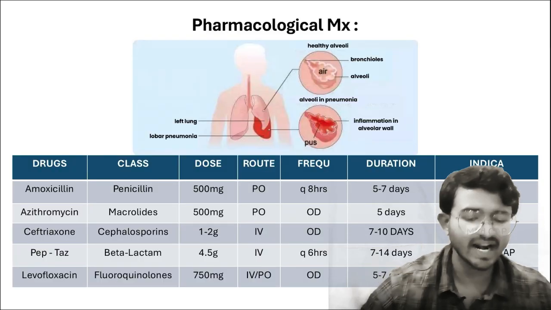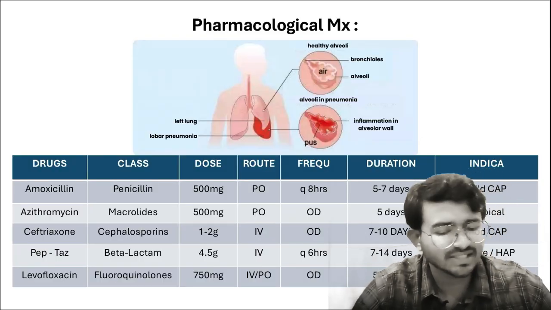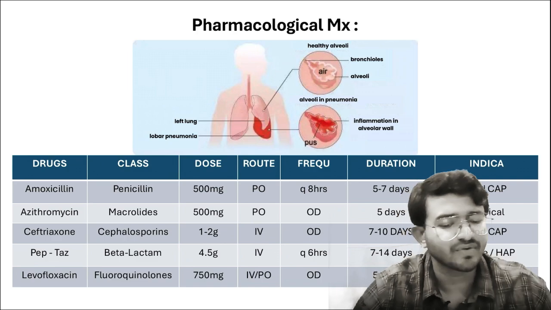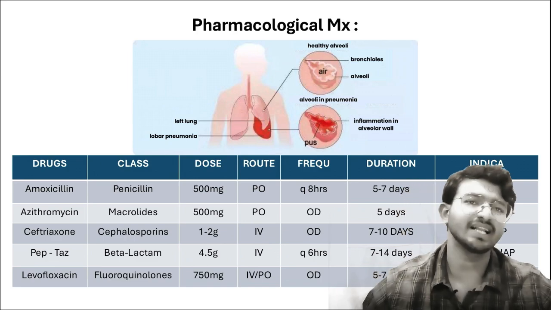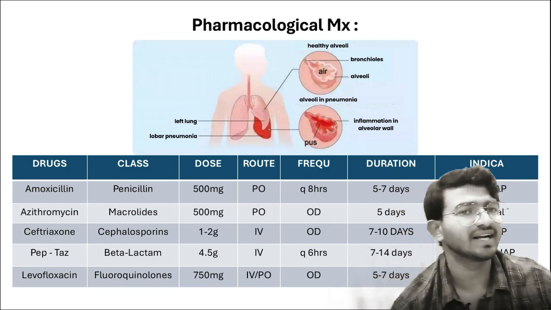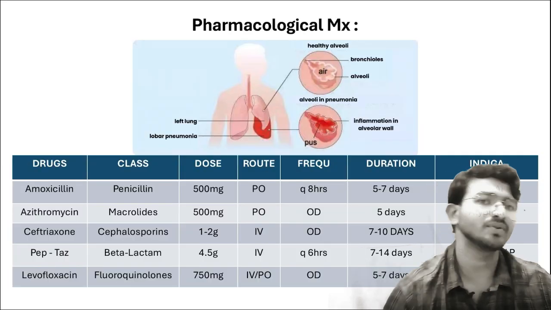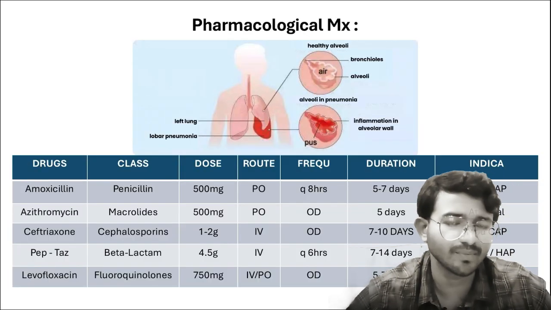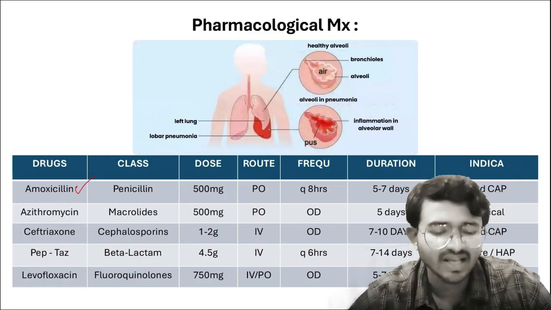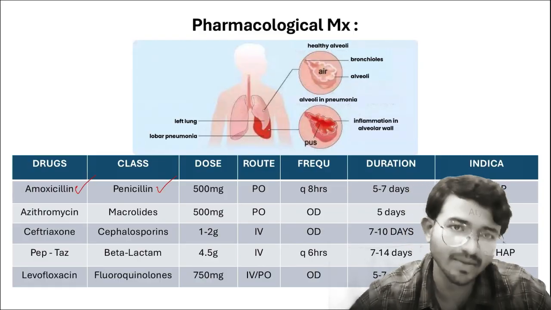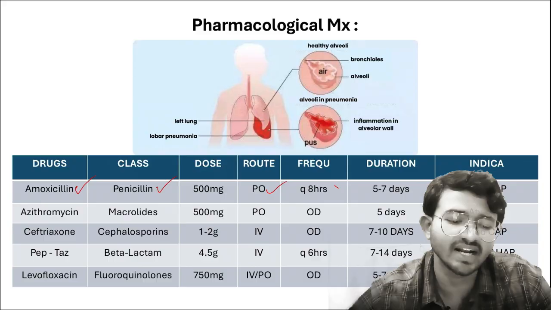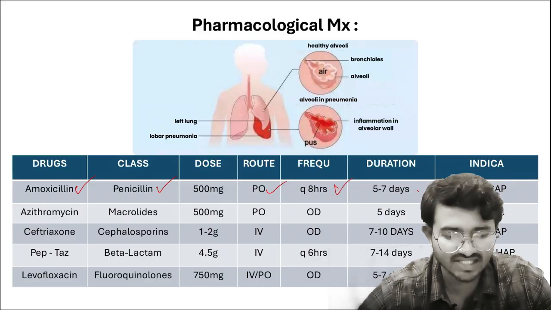Next, antibiotics. Whether the patient is mild, moderate or severe, we choose the regimen based on the CURB-65 criteria. In mild community acquired pneumonia, we can use amoxicillin, the drug class is penicillin, 500 mg PO every 8 hours for 5 to 7 days.